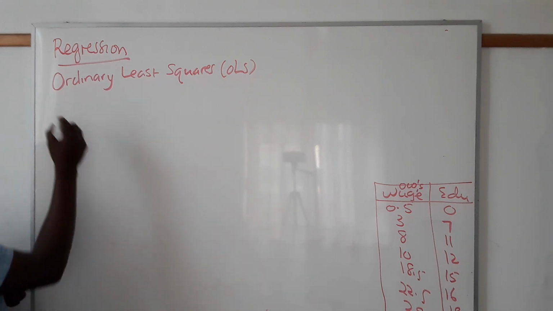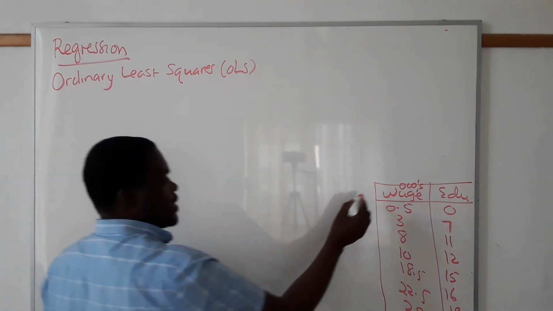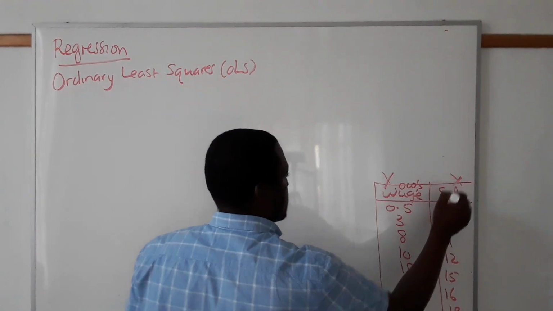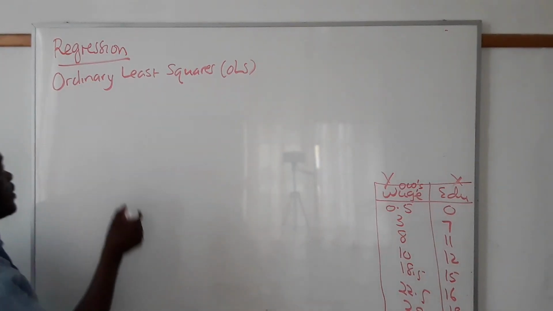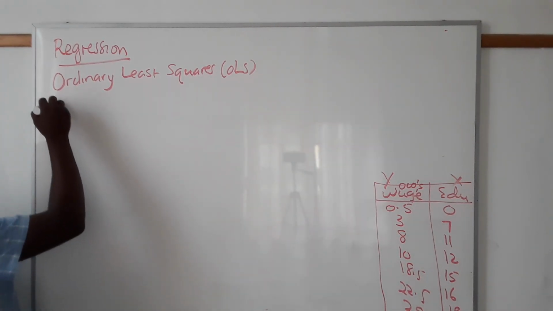Now, our regression for wages, which we are calling Y, and for education, which we are calling X, would look something like this.